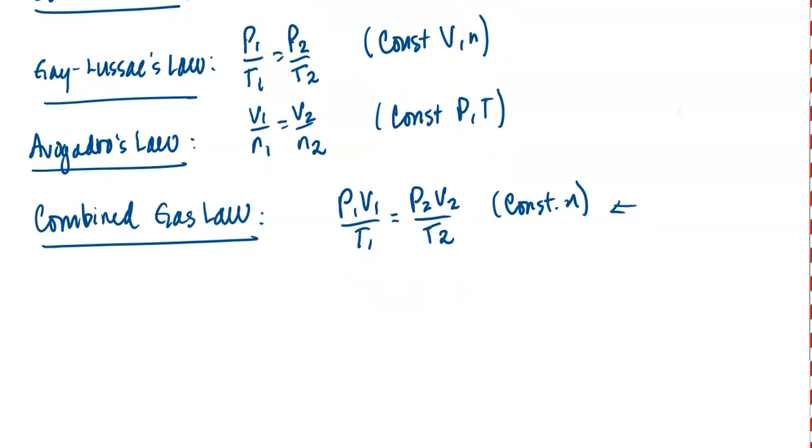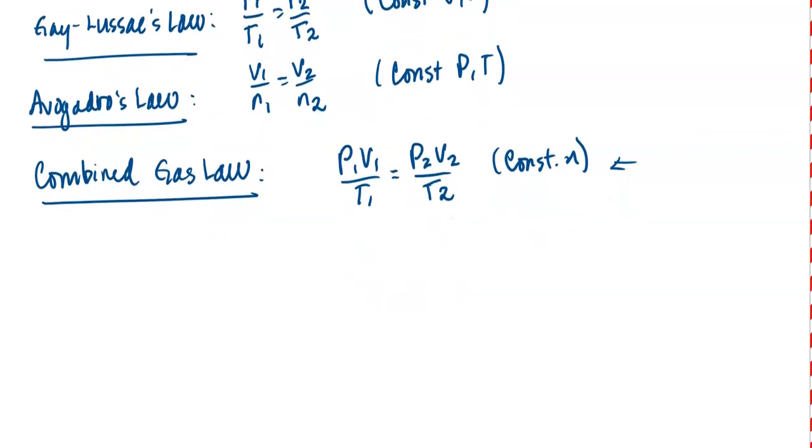And so for that reason, we have what we call the ideal gas law. And this, at long last, is the relationship that ties all four of the variables together.